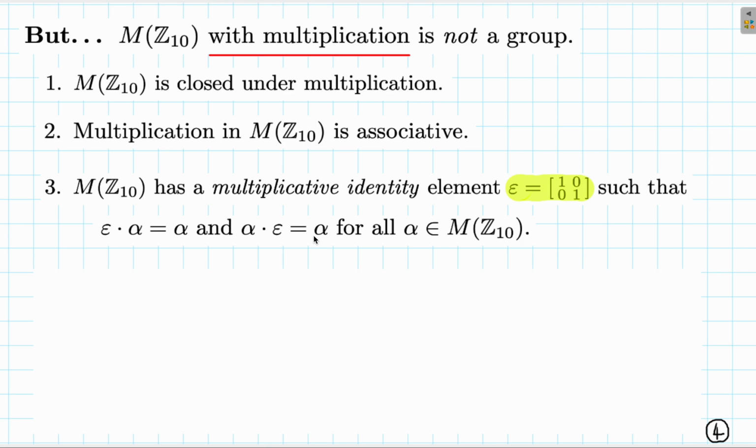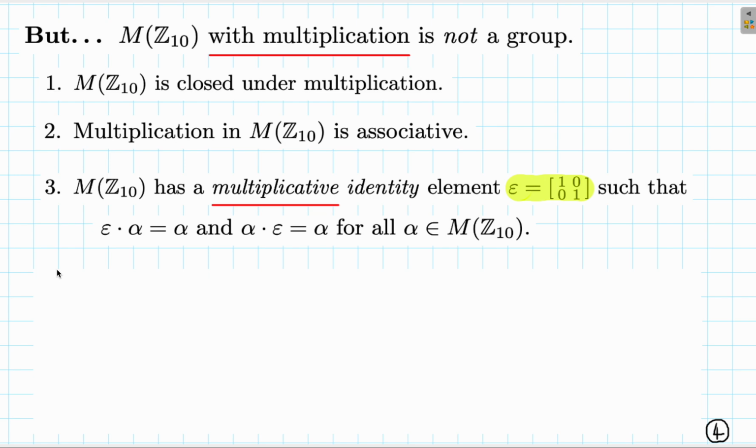And so multiplying by epsilon leaves any matrix unchanged. It's really like multiplying by the number 1 with numbers. And so M of Z10 does have a multiplicative identity. I'll emphasize the word multiplicative because we are multiplying here.